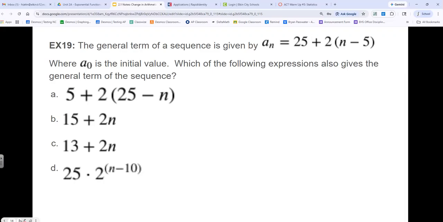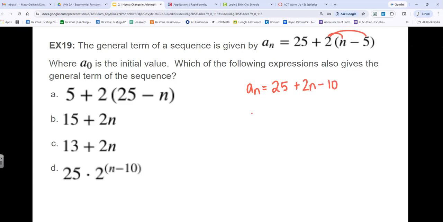This particular problem is an arithmetic sequence, but it looks complicated, right? It doesn't look like a line. It doesn't look like y equals mx plus b. But the only thing you have to do here to get this into a y equals mx plus b sort of form is distribute that 2. So a sub n would equal 25 plus 2n minus 10.